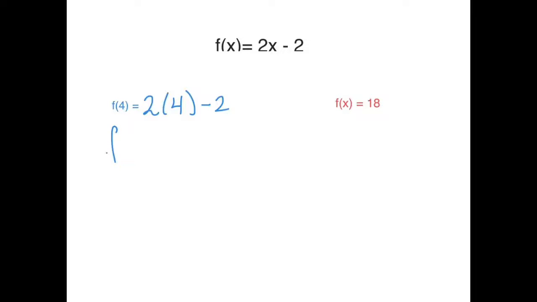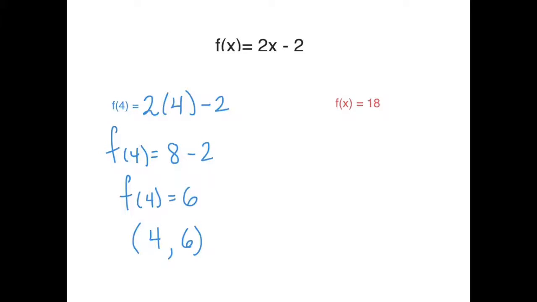So all that we have to do now is to start working our operations now that we substituted. So 2 times 4 is 8, minus 2. So f of 4 equals 8 minus 2, 6. So this tells me that when x is 4, y, or my function value, is 6. And this is the coordinate point that I will find out of this.